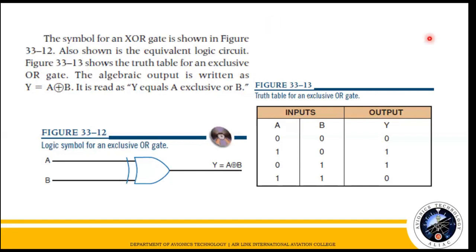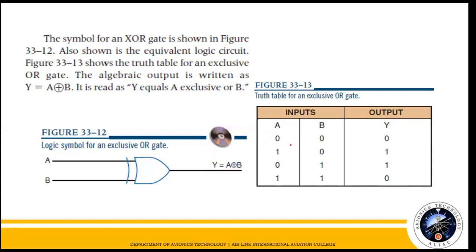Okay? 3 inputs ng XOR gate. A, B, C. So, simply, lahat ng any odd number of input gives the Y an output or nagkakaroon ng 1.